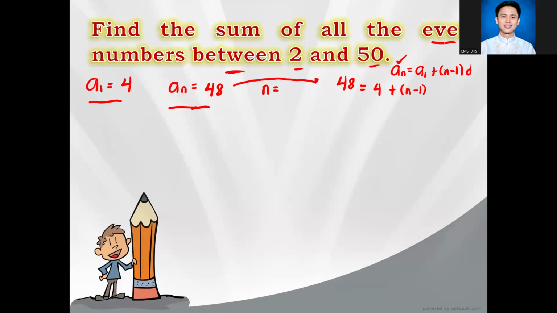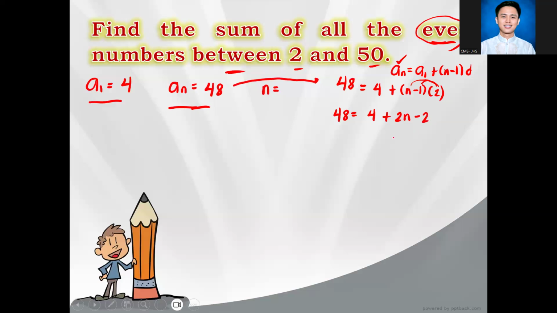What is d? We're talking about even numbers. So all even numbers have a common difference of 2, right? Skip counting by 2. So times 2. Let's simplify. So 48 equals 4. Distribute to n. So that would be 2 times n is 2n. And 2 times negative 1 is negative 2. Combine like terms.